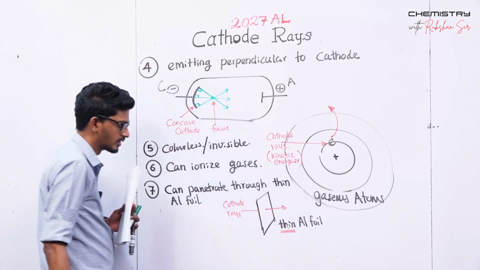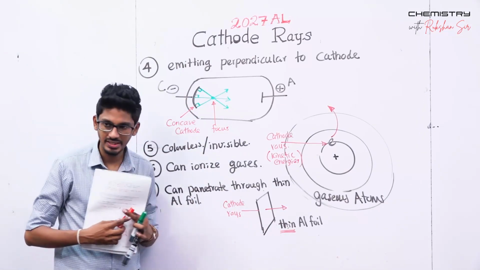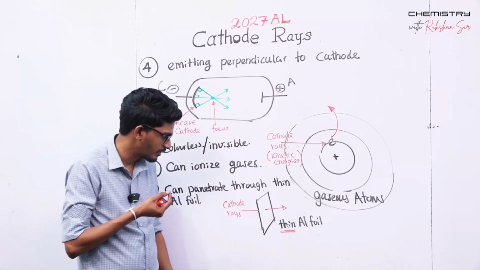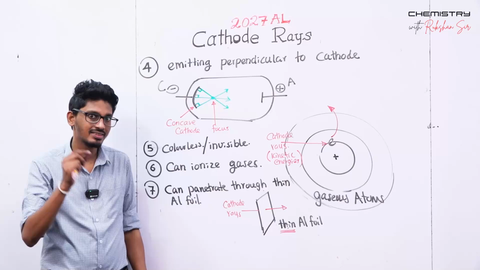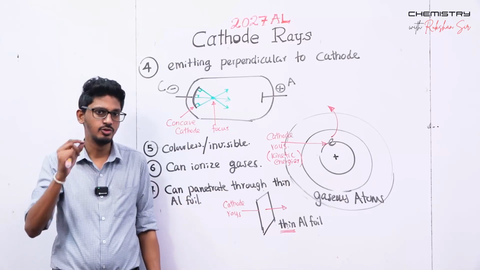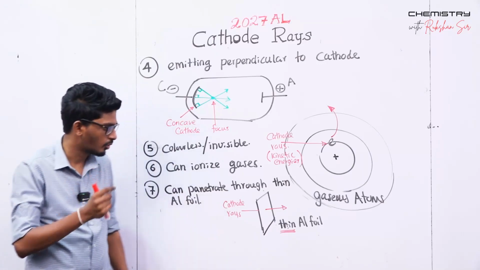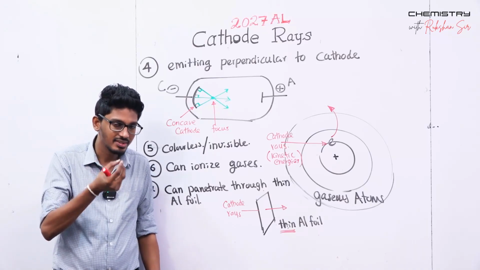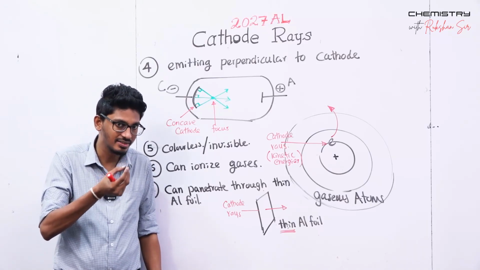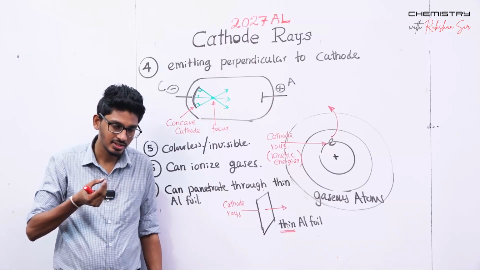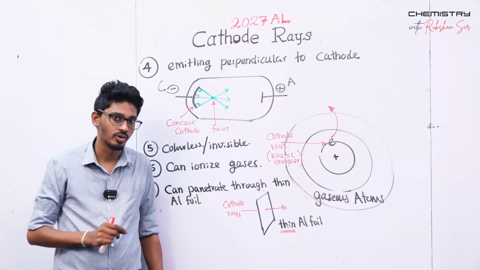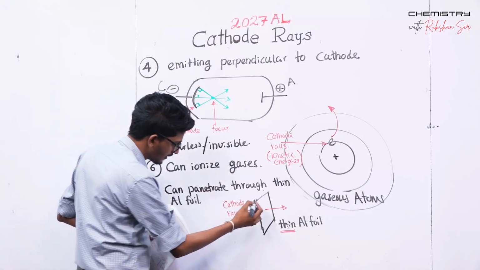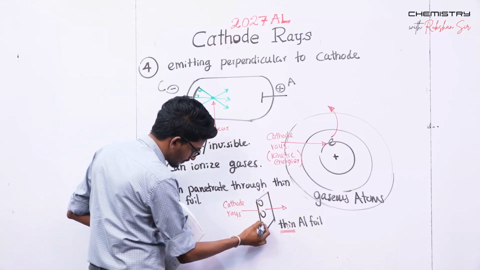Through very few atomic layers, the cathode rays are able to go through. The reason is cathode rays are very small, and if you are very small, you can go through the spaces in the material.